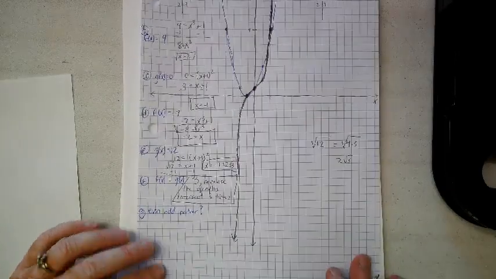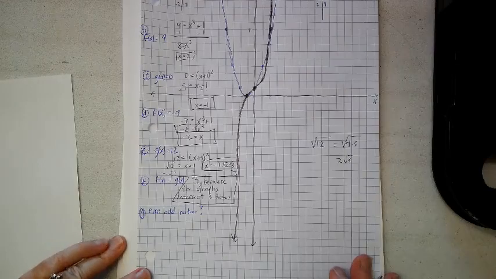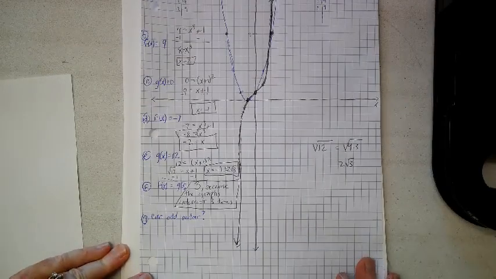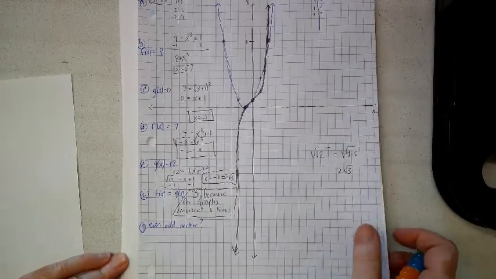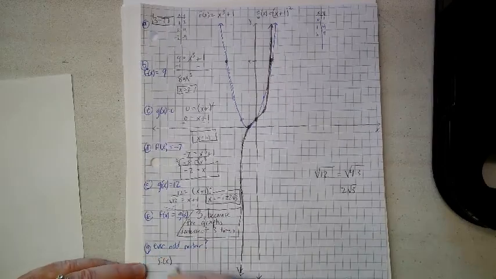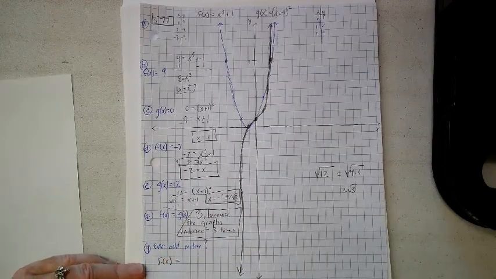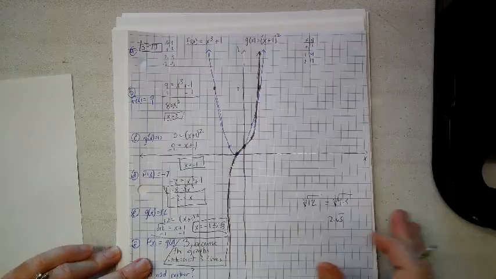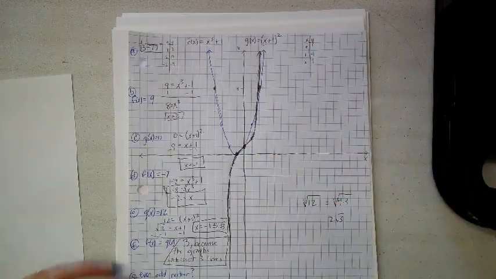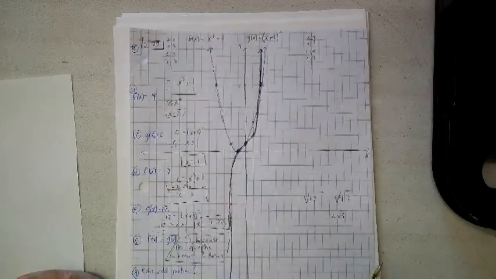And then, is each of the graphed functions even, odd, or neither? So let's look at f of x. F of x is a cubic. Is it even, odd, or neither? Well, it's not even because it doesn't reflect across the y-axis.